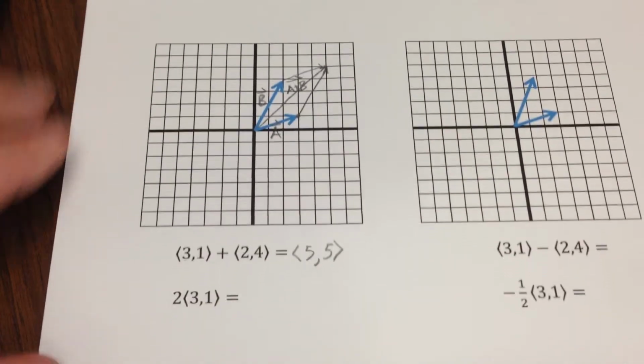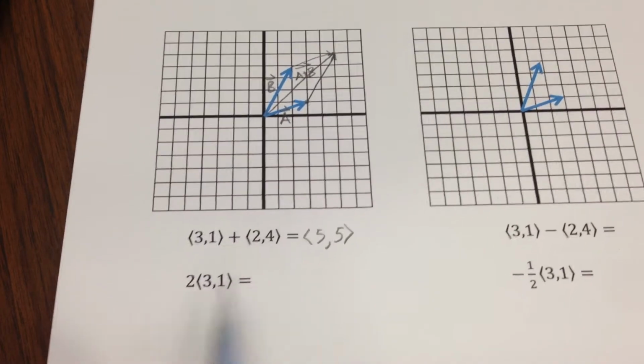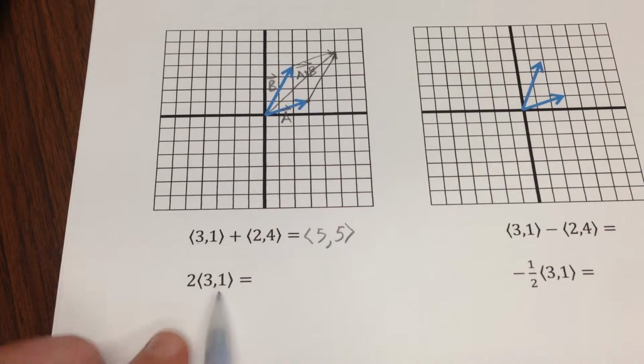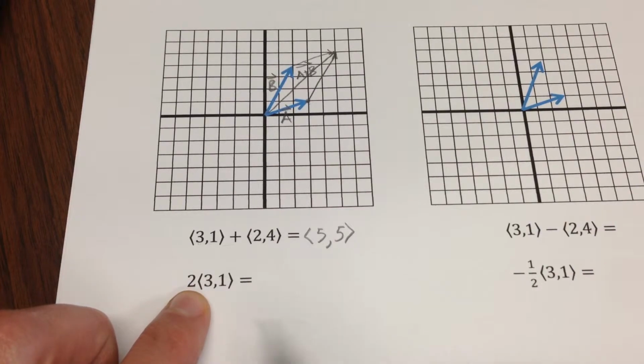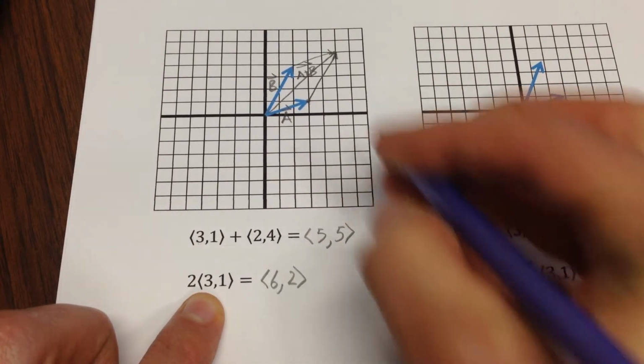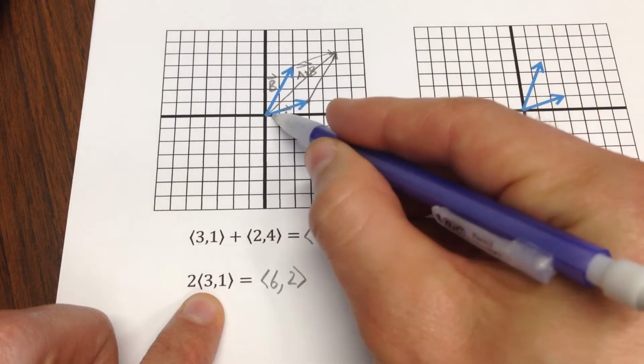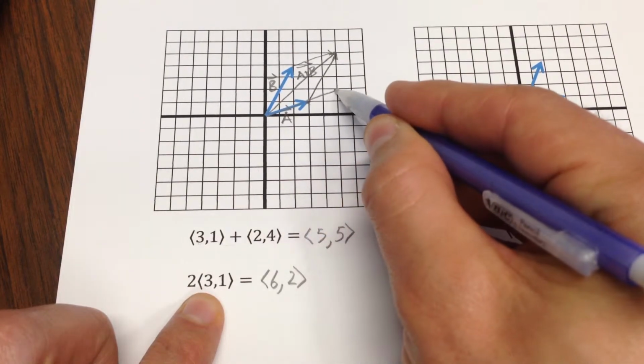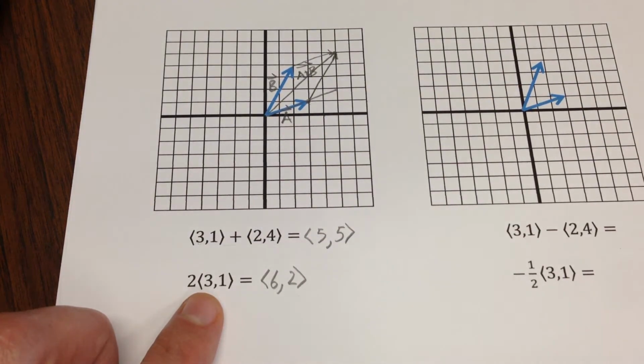You could also say, let's imagine that this was a velocity and you were going in the direction of A for 2 units of time. And so what we would have is something like 6, 2, and you could see that that would be like going A, and then if you wanted to draw that line it would be 2A.